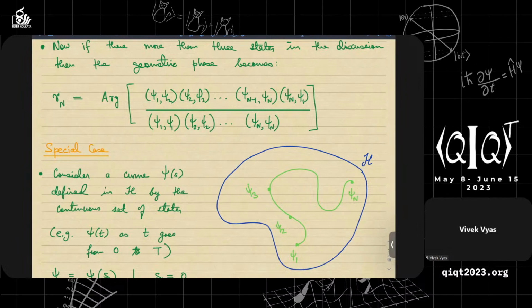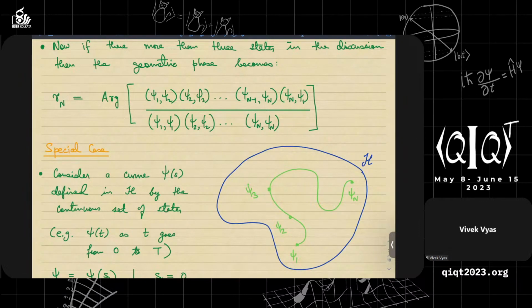You define a geometric phase where you consider inner products of psi1 with psi2, psi2 with psi3, and so on till psi n minus 1 with psi n, and psi n with psi1, divided by the squared norms of the corresponding vectors. That is the general expression for the geometric phase.